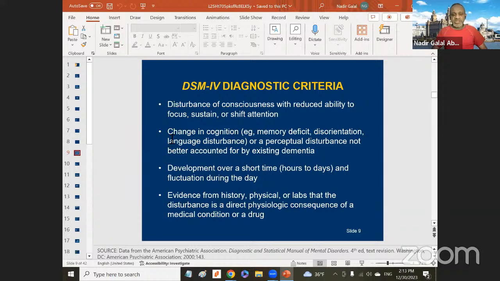The other thing is change in condition. So the patient may have a memory deficit that's out of normal for the patient, or disorientation, or disturbance in language. So if they were fluent and all of a sudden they can't find the word or they cannot express themselves, that might be another component of the criteria.